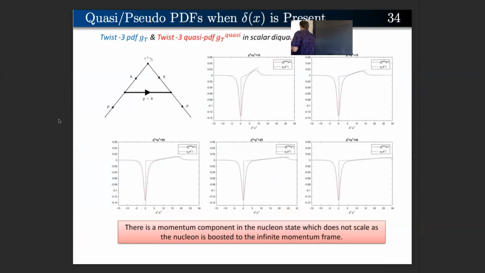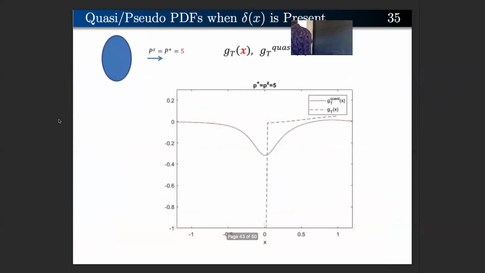And what you expect naively, and that's what you're getting for twist-2, is if your hadron, quote unquote, moves very fast, you get a distribution that scales with the overall momentum. You get a distribution that becomes a function of the momentum fraction only. And indeed, for the region x between 0 and 1, that's what you get.